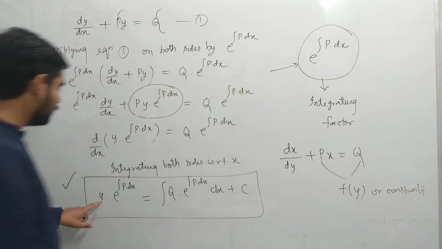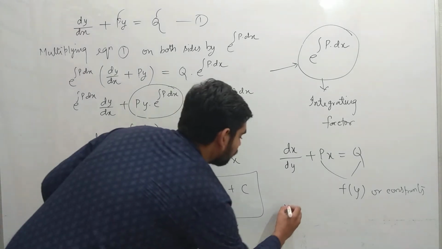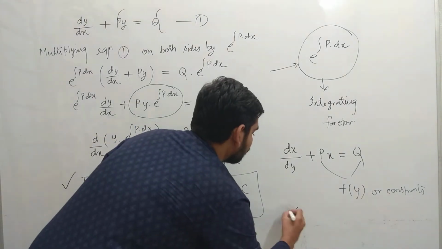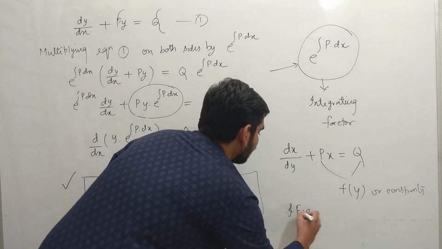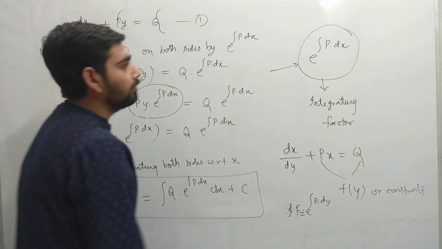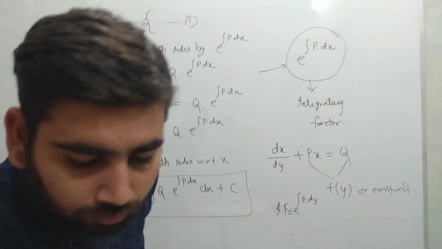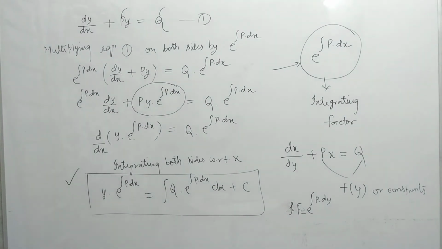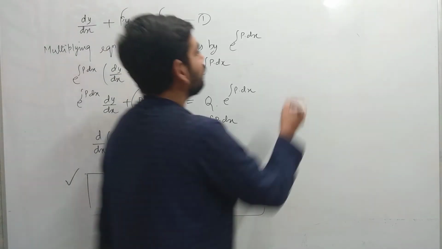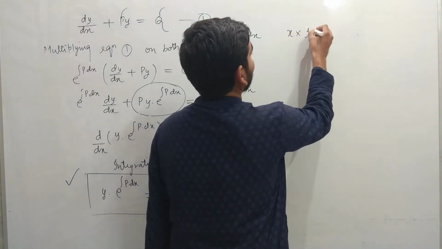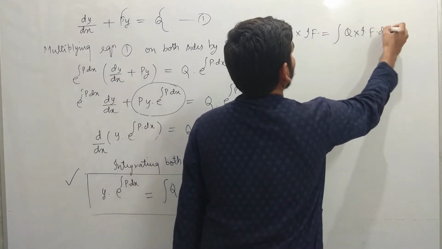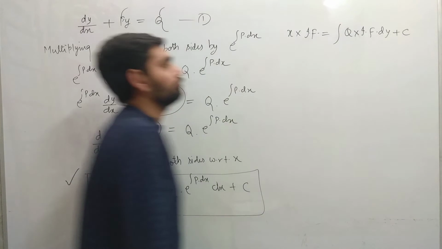Here the dependent variable is y, so the integrating factor will be e to the power integral P dy, and the solution will be x into integrating factor equals integral Q into integrating factor dy plus C.